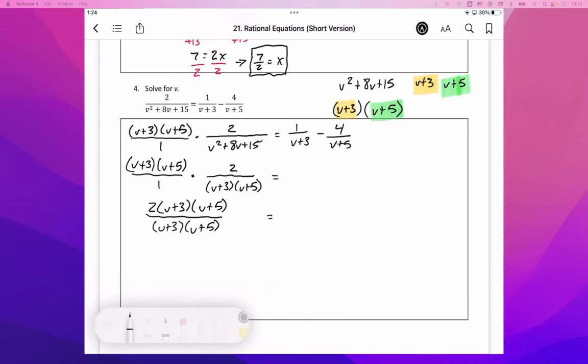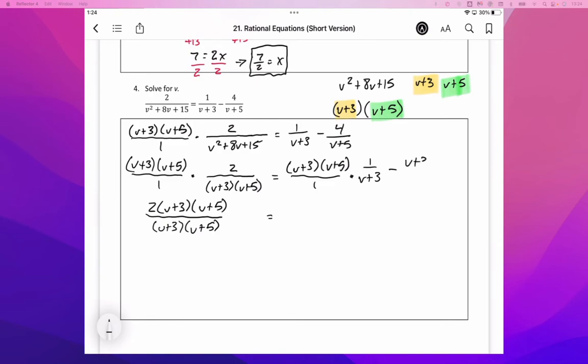We've got to have v plus 3 times v plus 5 over 1 times both of the terms on the right, 1 over v plus 3, and then a minus v plus 3 times v plus 5 over 1 times 4 over v plus 5.